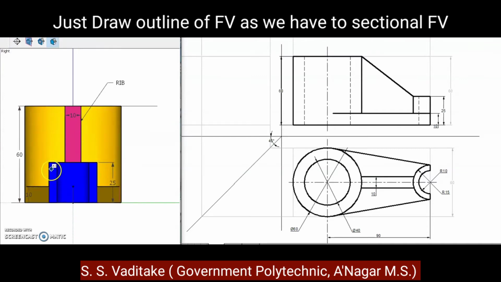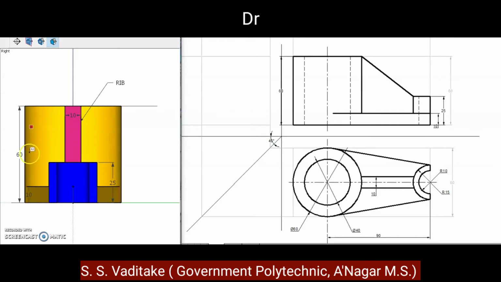Now consider first this blue colored semi cylinder, then draw this rib, then draw this vertical cylinder, then draw this bottom plate, and then carefully observe what is the hidden portion.